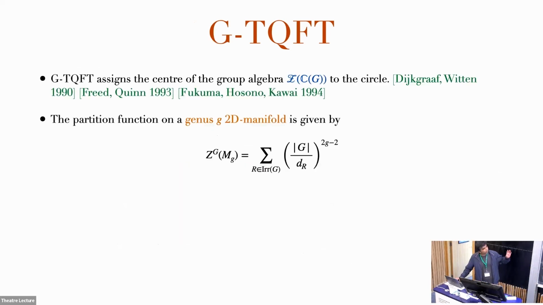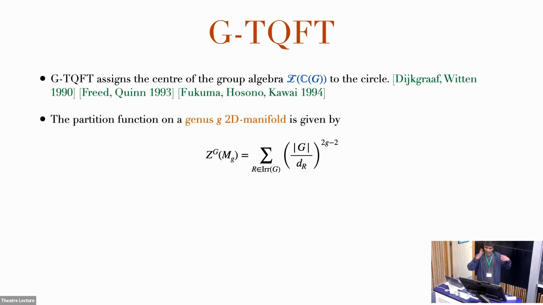I'll be specifically looking at TQFTs that come from the center of the group algebra. The center of the group algebra we can think of as a commutative Frobenius algebra, and this is the algebra that the TQFT assigns to the circle. And for this TQFT, there's a partition function. Given a genus g two-dimensional manifold, the TQFT gives us a complex number.